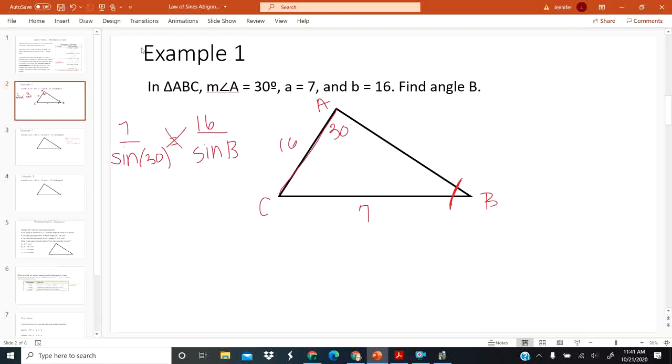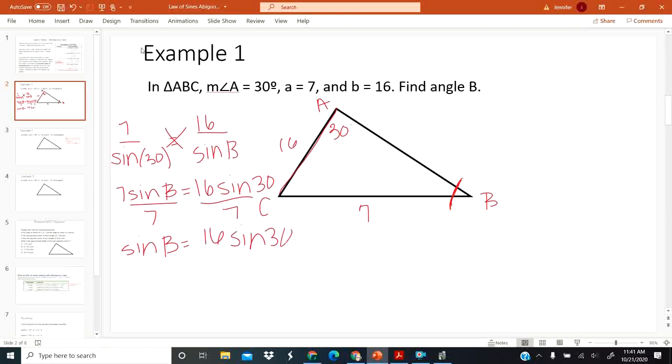So then we're just going to cross multiply to start solving out for angle B. So we're going to have 7 times the sine of angle B is going to be equal to 16 times the sine of 30. And then to get sine B by itself, we need to divide by 7 on both sides. So we would have the sine of angle B is equal to 16 sine 30 over 7.